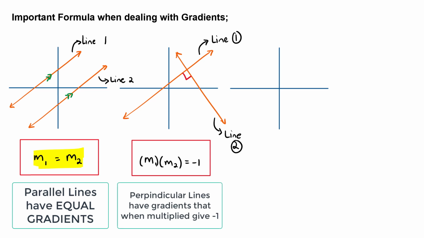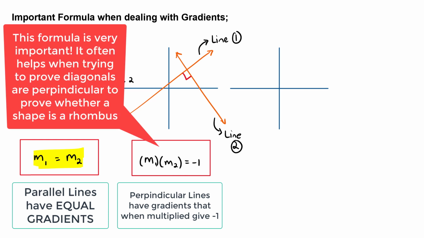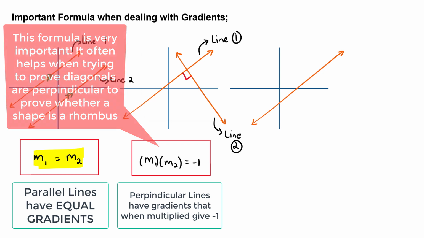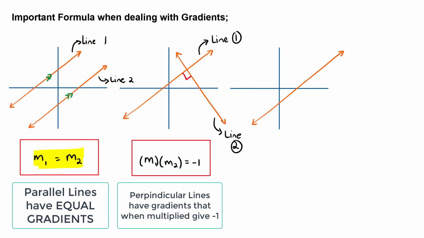And then the last one, and this isn't so much a rule on its own, but I think it's quite important to discuss, is that if we're given a line anywhere on a Cartesian plane, and we're given a number of different points along that line. So let's say we're given a point over there, and a point over there.